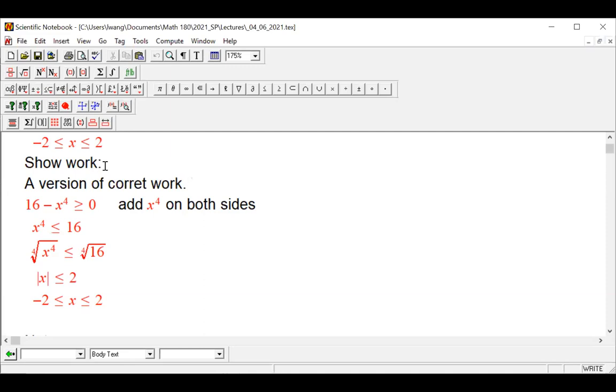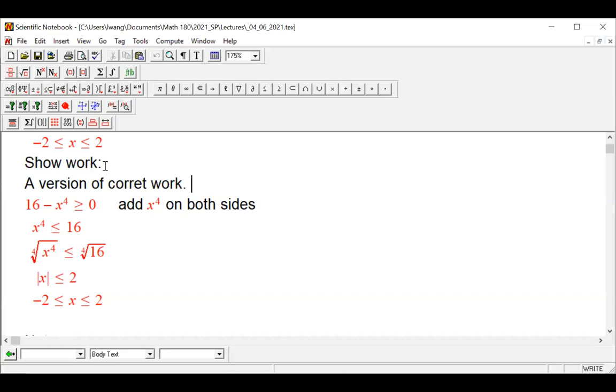Long way, short way, it's fine. What you need to understand, every step you show is scrutinized. That's our job. That's your teacher's job. And every step has to be justified, whether you take long steps or short steps.